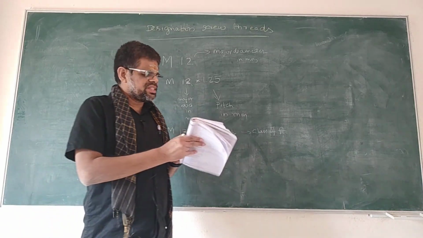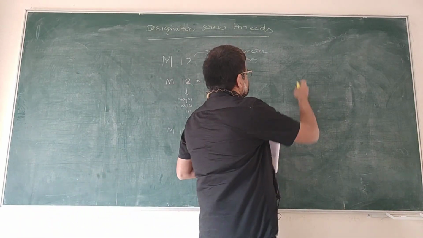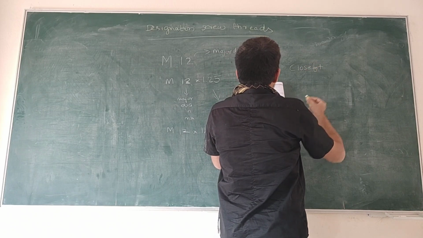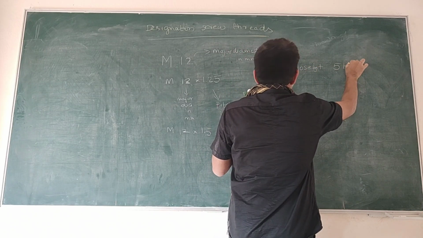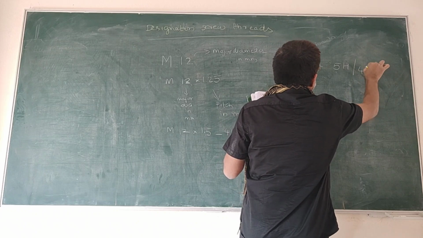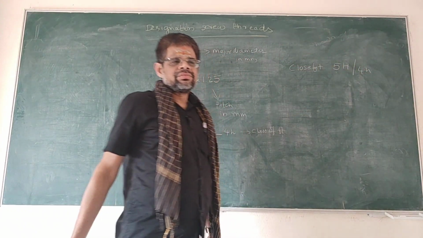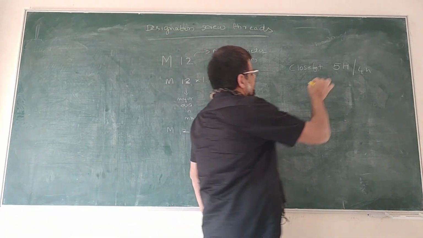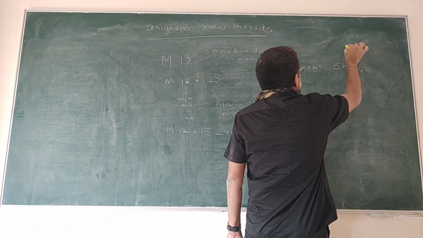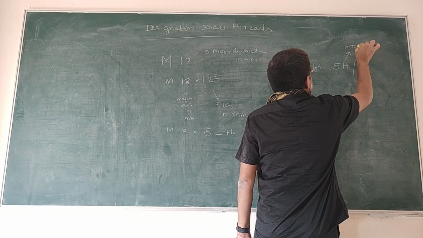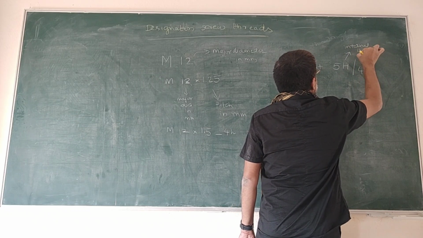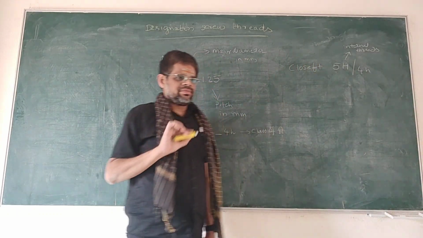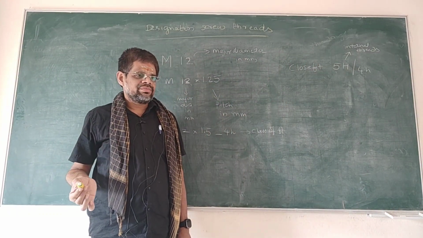There are three types of fits generally we use. The first one is close fit, and it is represented by 5 capital H or 4 small h. Here the capital H represents internal threads. Usually internal threads are there in nuts. Bolts have external threads.